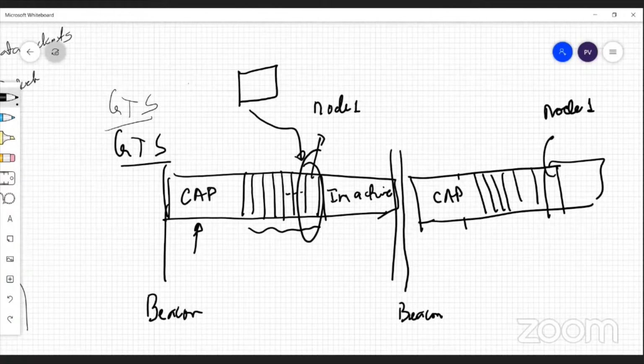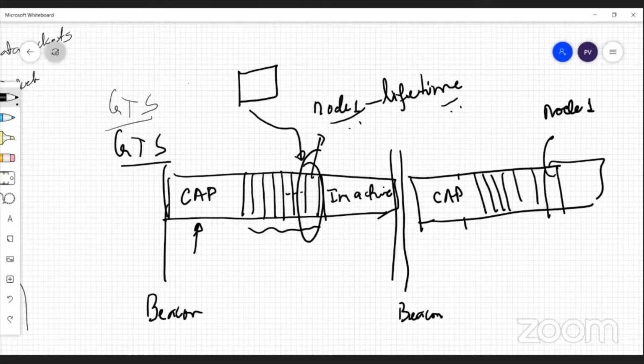There is one more peculiarity of this system. The standard actually says, if you read carefully, it does not give you any indication of when you should throw this node out of the network. Once you get access to the resource, you can keep it for lifetime in a way. Unless there is no activity, the PAN coordinator has no choice but once it is allotted, it's done.